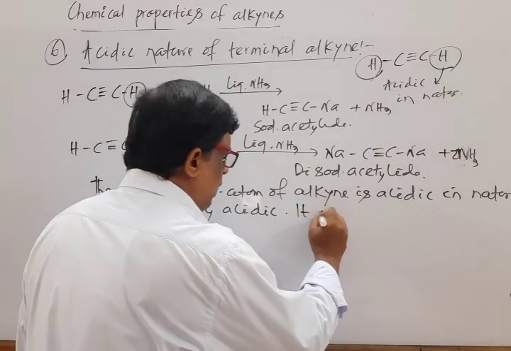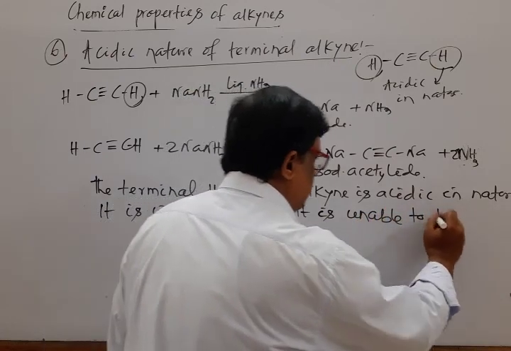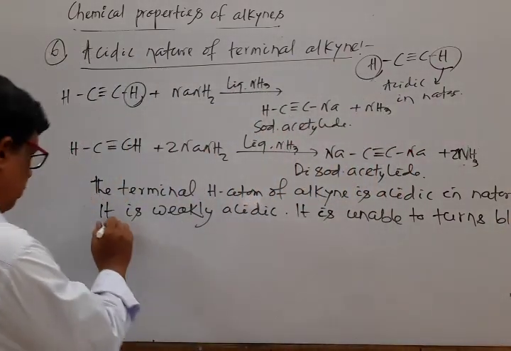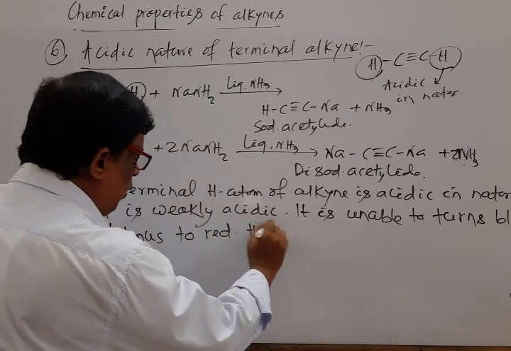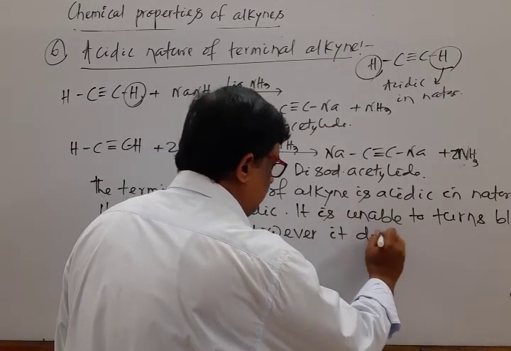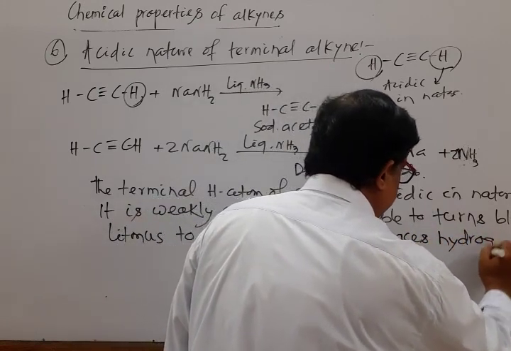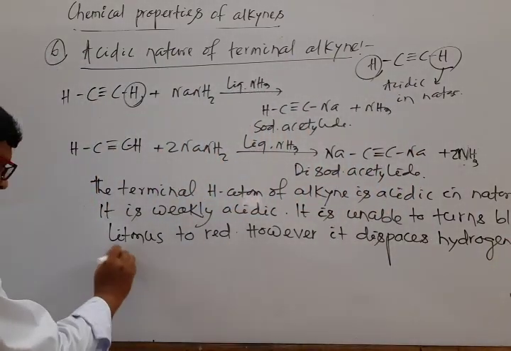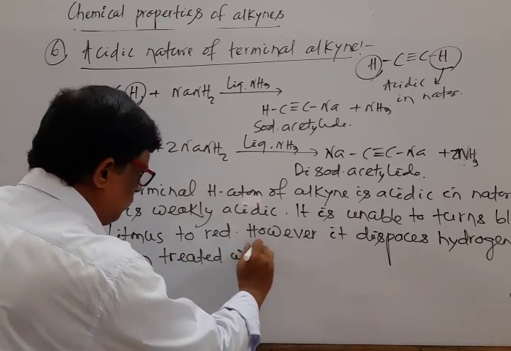That means it is unable to turn blue litmus to red. However, it displaces hydrogen gas when treated with active metal.